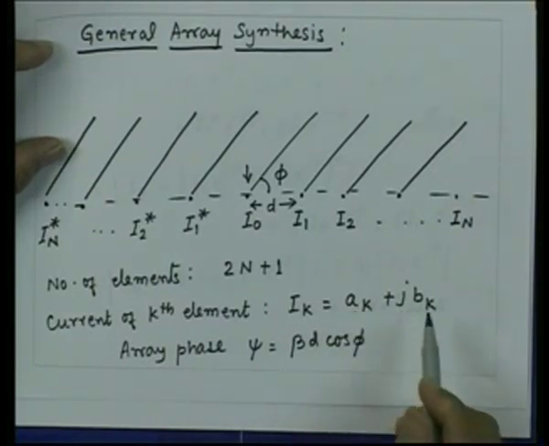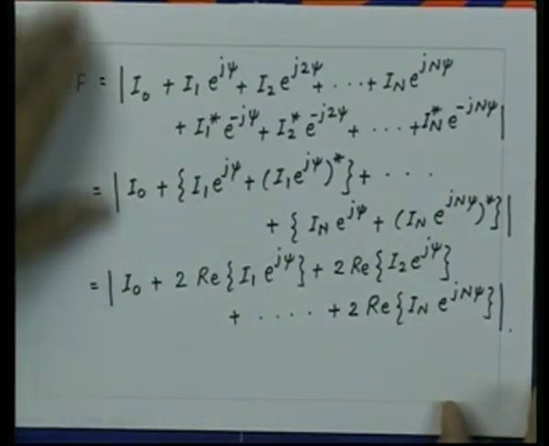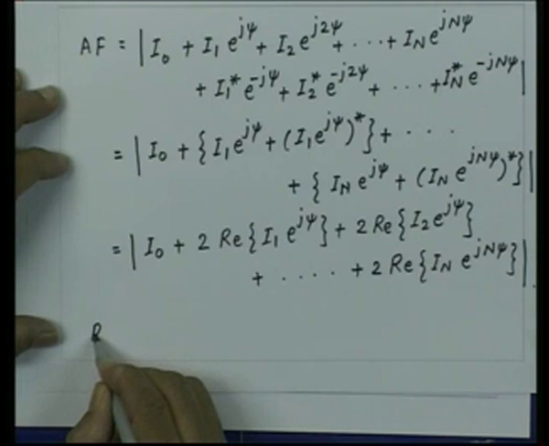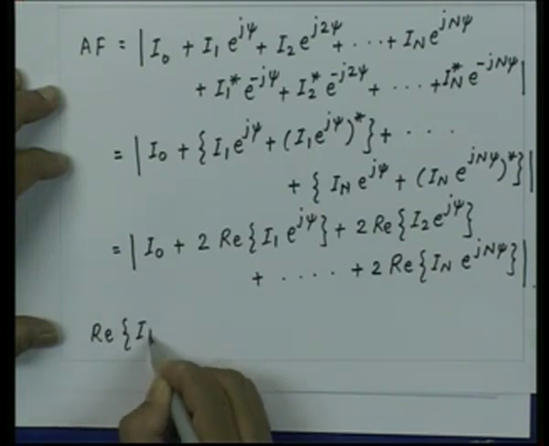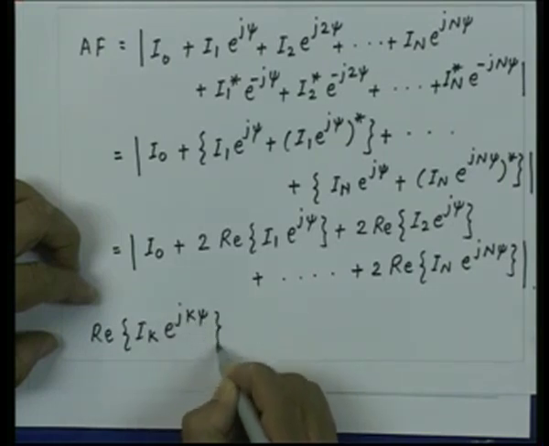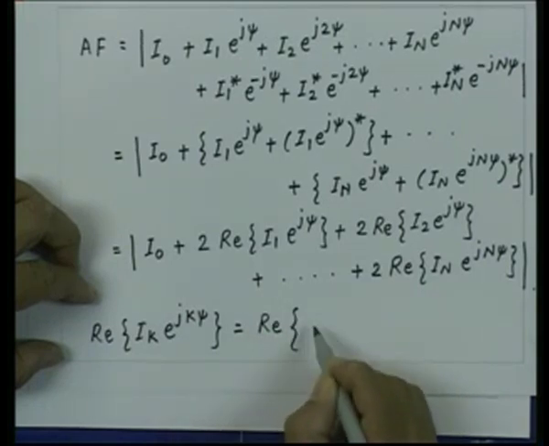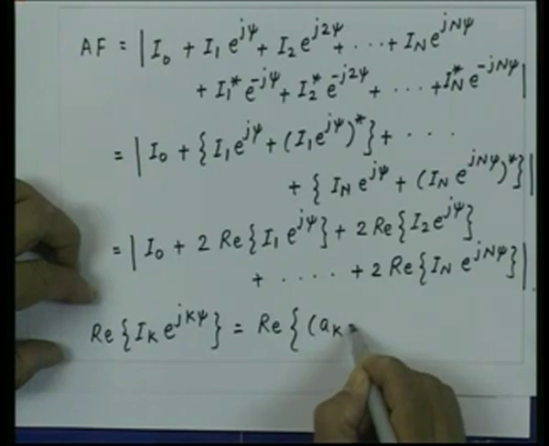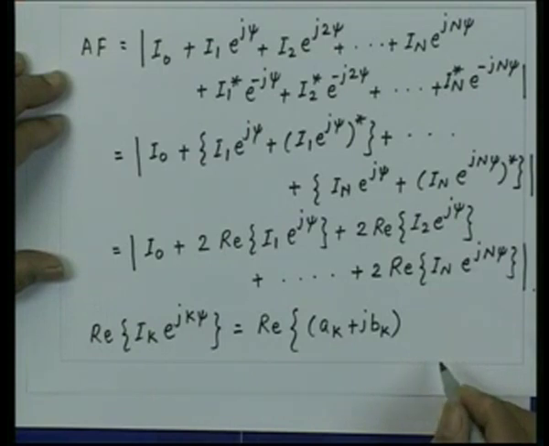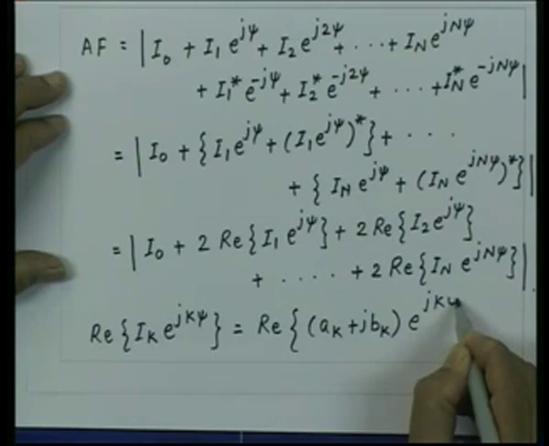Now, noting that this current Ik we can write in terms of its real and imaginary part as Ak plus jBk, we can substitute into this, and that gives the real part of Ik e to the power j k psi, that is equal to real part of (ak plus j bk) e to the power j k psi.